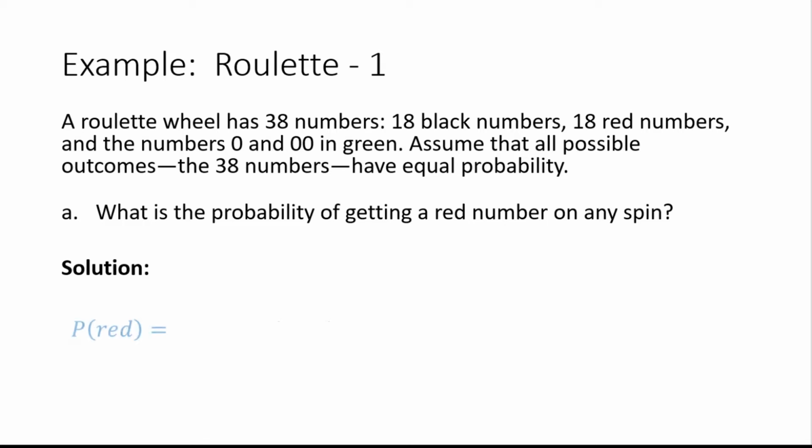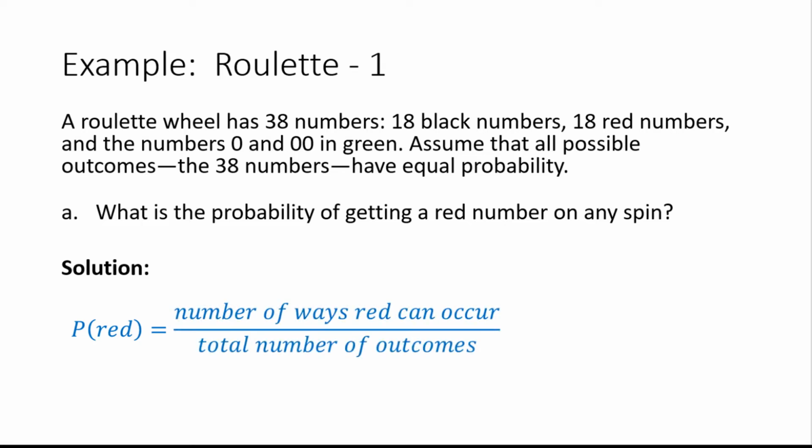Solution. The probability of red is equal to the number of ways red can occur divided by the total number of outcomes. That would be equal to 18, that's the number of red numbers, divided by 38, which is the total number of numbers. That is approximately 0.474.